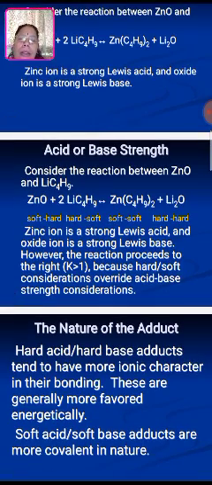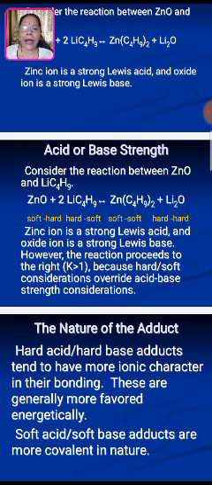Zinc ion is a strong Lewis acid and the oxide ion is a strong Lewis base. Again I am explaining that Lewis acids are electron pair acceptors, whereas Lewis bases are electron pair donors.